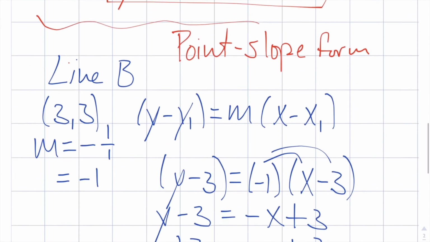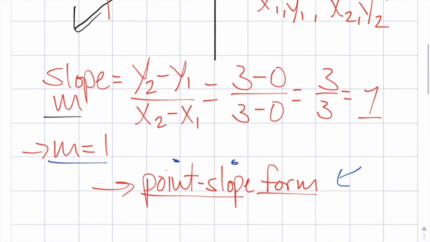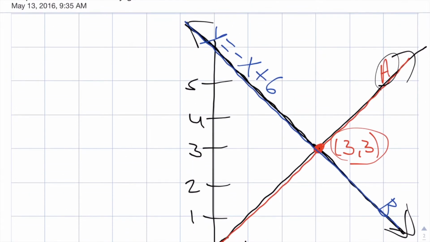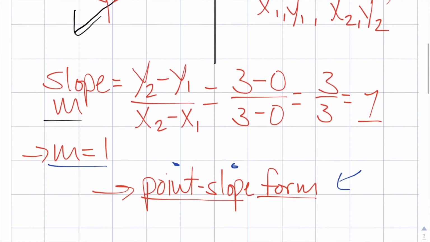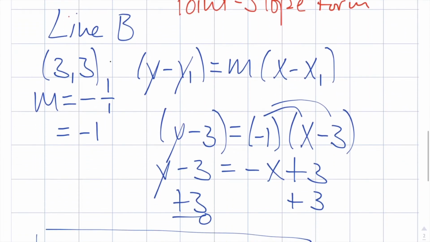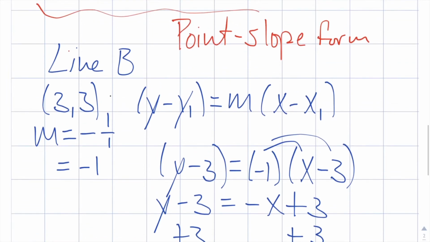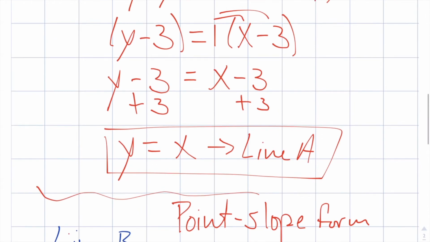Then we looked at line B. We picked a point on line B, which was 3, 3. We could have also picked this point here, which was 0, 6. We could have done that as well. Either works. And we know that the slope for line B is a negative reciprocal of the other line.